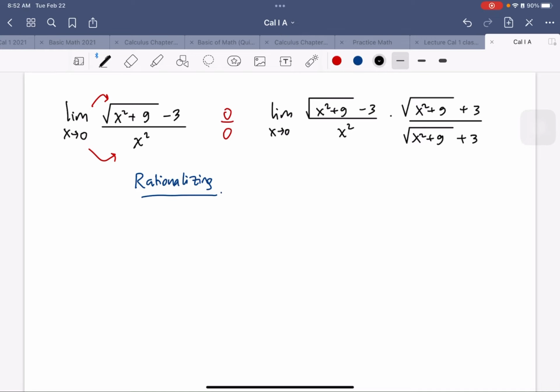Like if it has a minus b, then we need to multiply with a plus b.